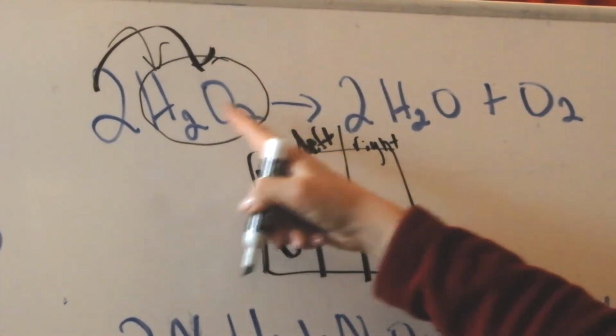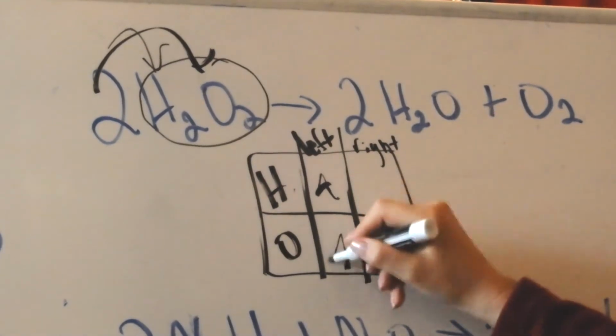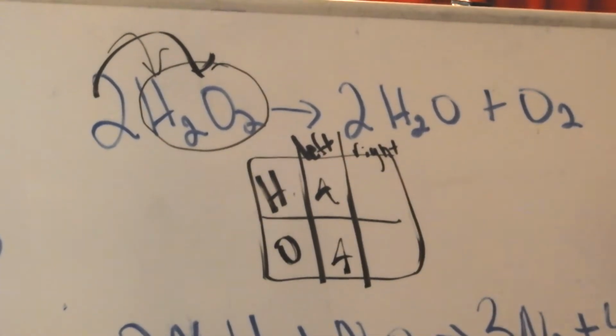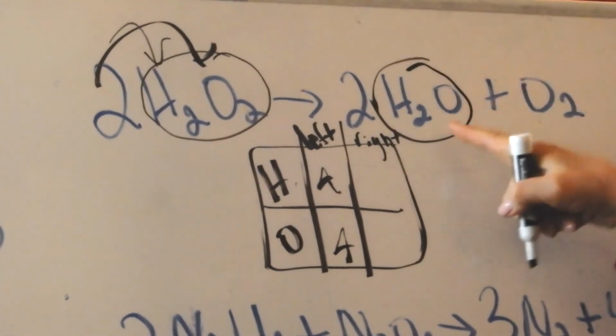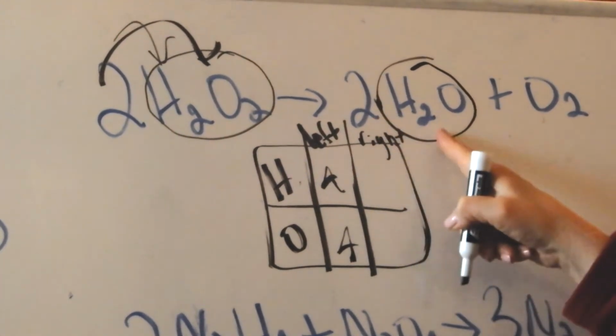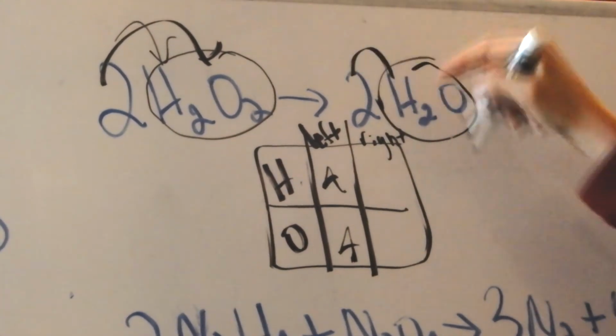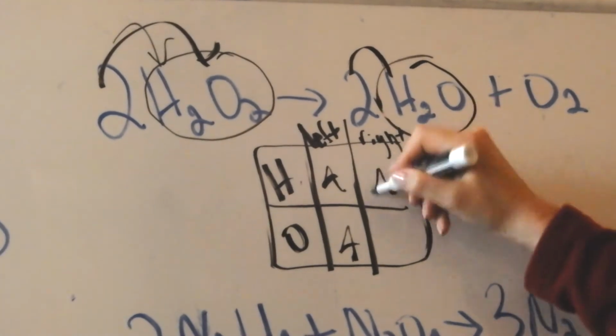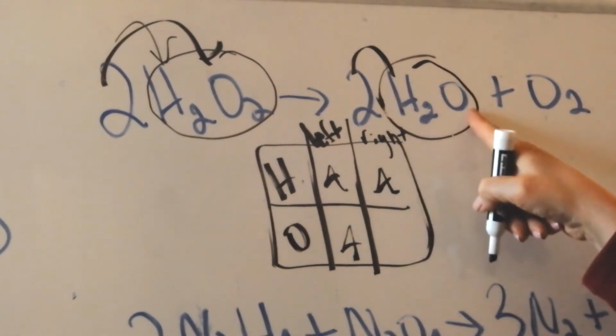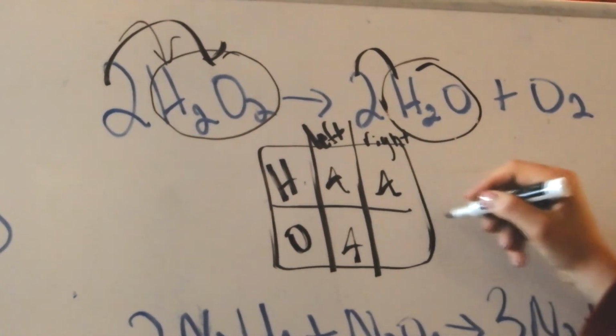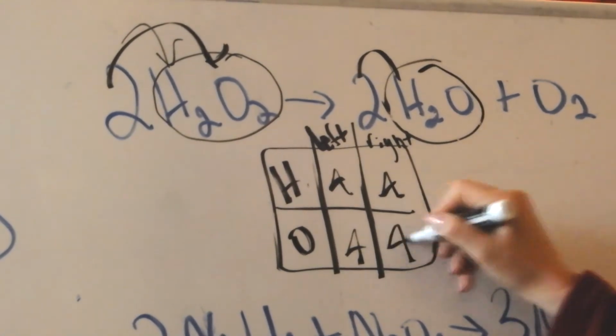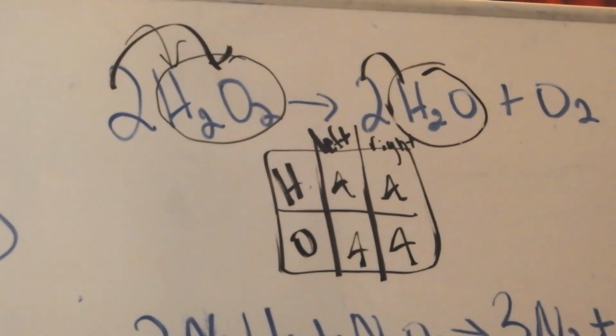So oxygen, 2 of them with 2 would be 4. And so over here, it has to balance. So again, they know that this makes water, so they would know this is 2 sets of water. So 2, and there's my hydrogen, 2 and 2 is 4, and my oxygen, 2, and there's just a 1 there, we don't write it, is 2, and then another 2 over here. So you can see that the left balances with the right.